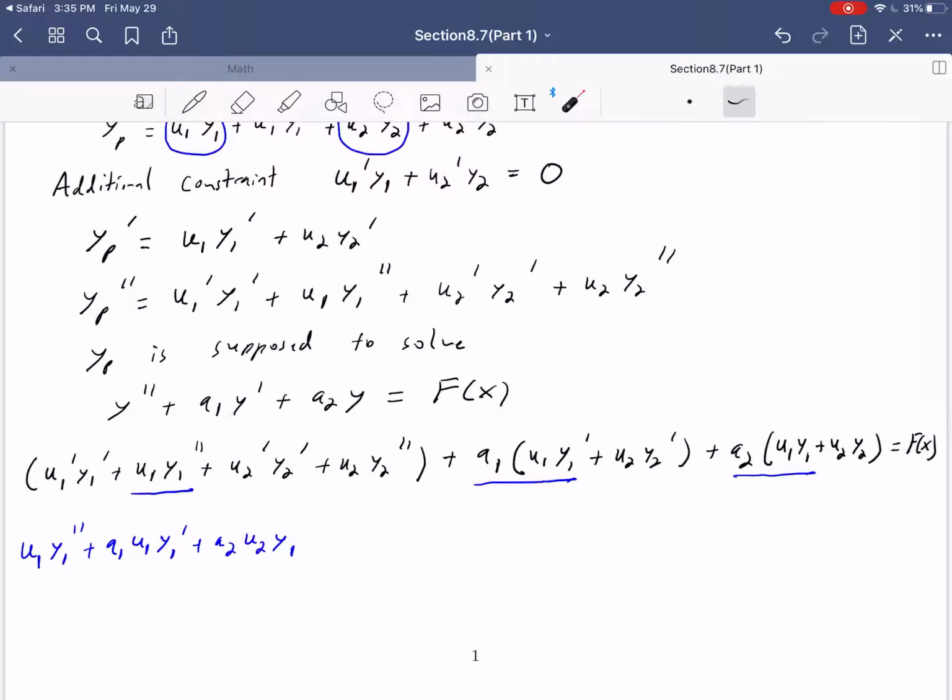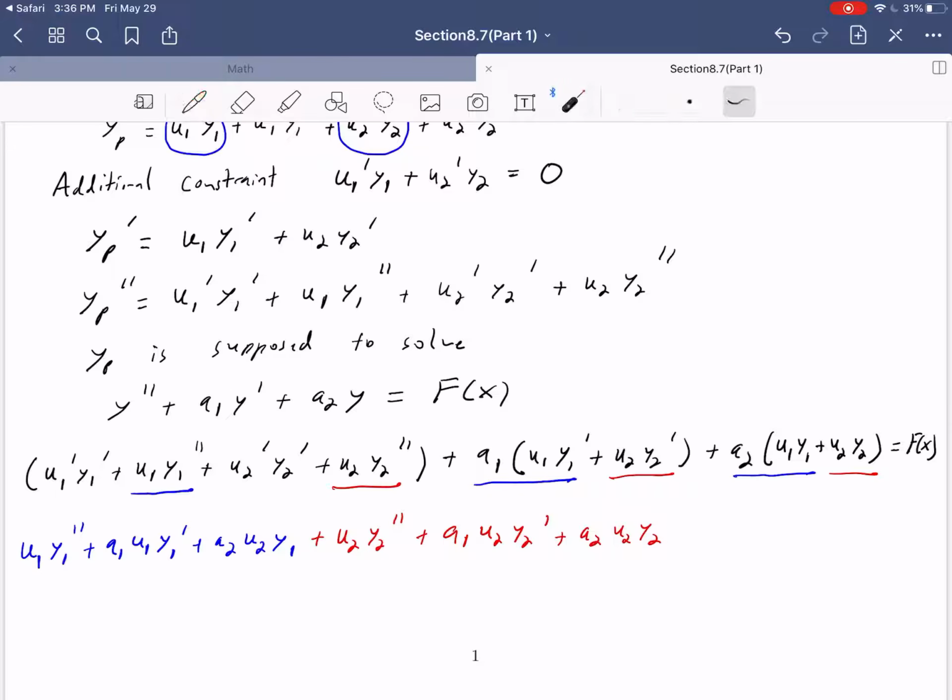Okay, so we're just going to gather all those. Then I'm also going to do a similar gathering on these pieces. This, and this. So that looks like we'd get plus u2, y2 double prime, plus a1, u2, y2 prime, because of course this a1 would distribute here as well. And then finally plus a2, u2, y2.